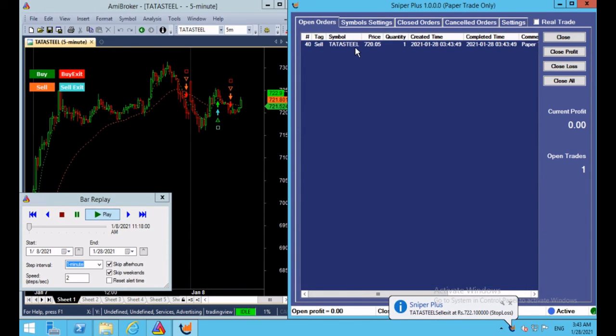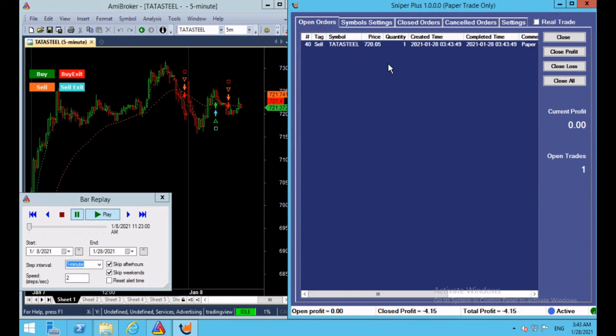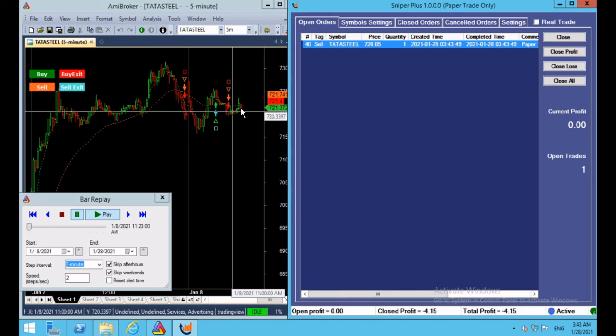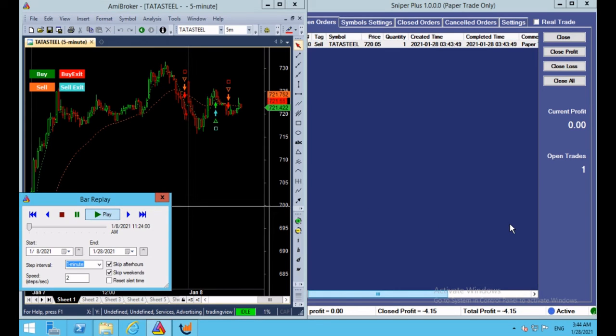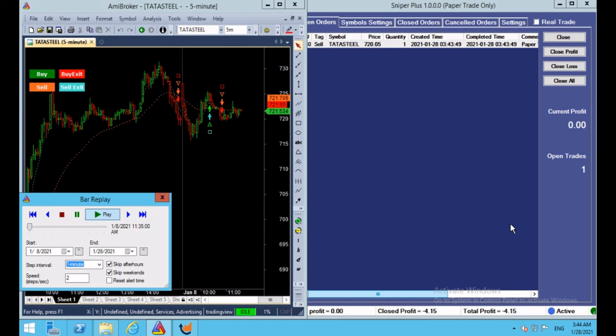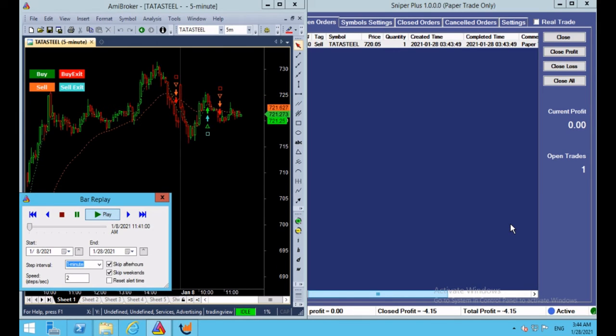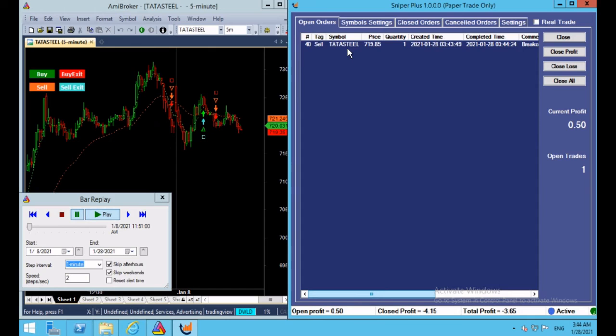Now we have placed the sell call at 720. The sell stop loss has been triggered here. So we placed the limit order because the trend is still negative and has not changed. So there is no profit, there is no loss, because it is waiting for the breakout. Okay, now play again. Okay, now the market has come down.